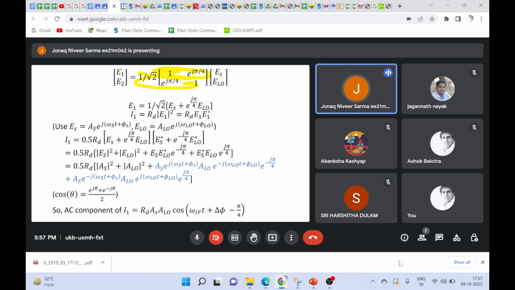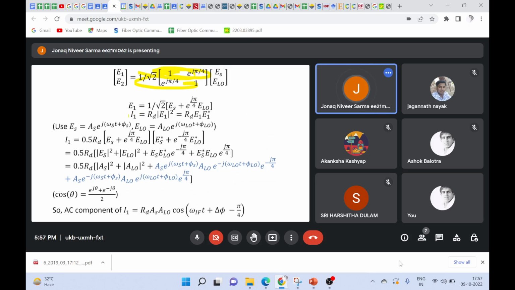So for E1 and I1, I'm giving you the solution. E1 will be the matrix multiplication out of this first row: 1 times ES plus e raised to the power j pi by 4 times ELO. And what is the photodetector current?